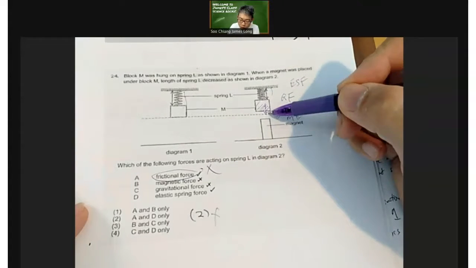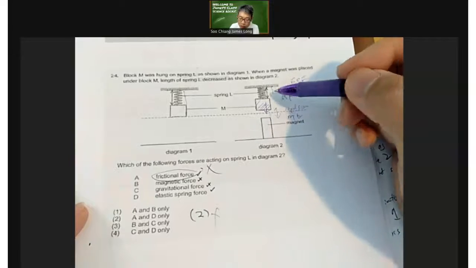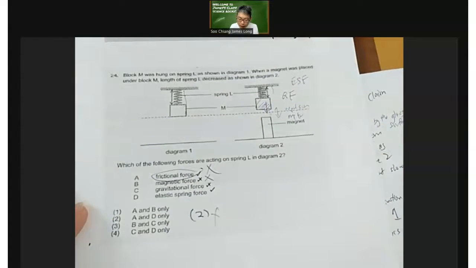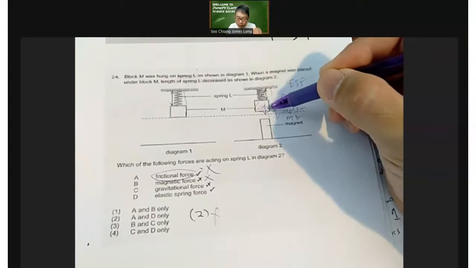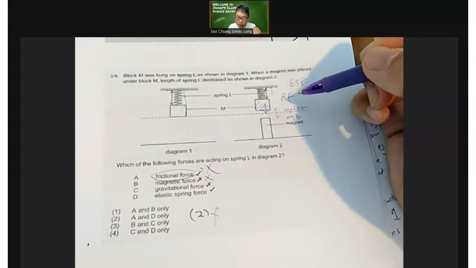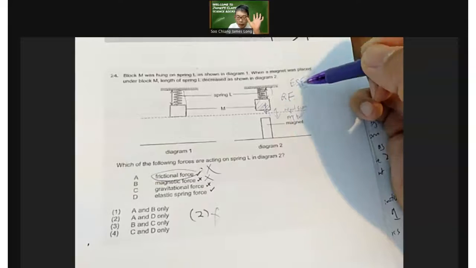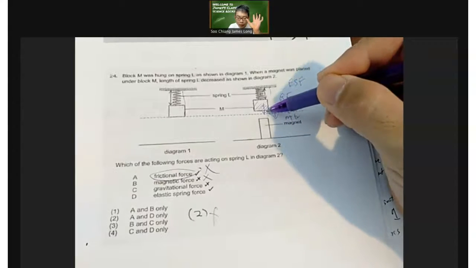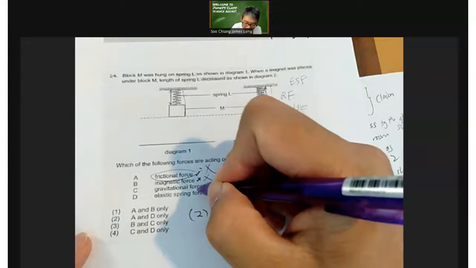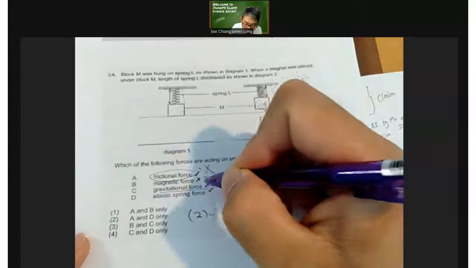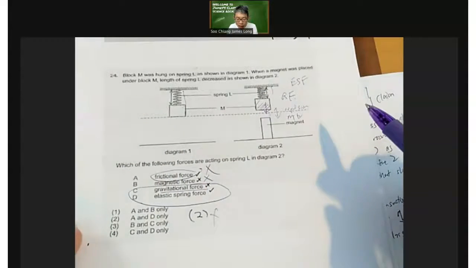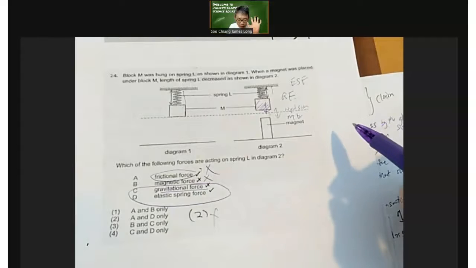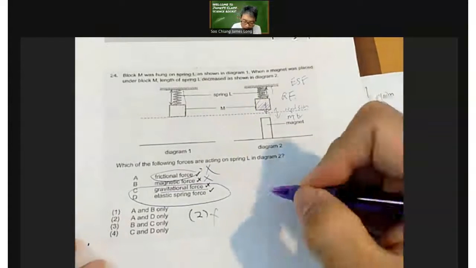But it's on the spring, right? So you're right, there's no magnetic force repulsion on the spring. But the spring definitely experiences a pull by this gravitational force. It experiences the compression by this block, so there will be elastic spring force. So I would think the answer will be C and D, gravitational force and elastic spring force. So C and D. Answer should be 4.